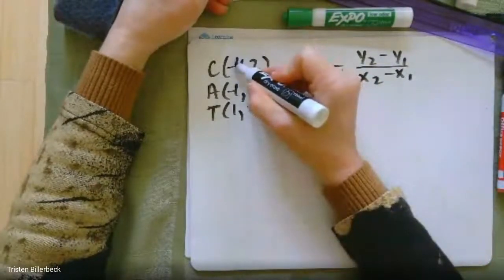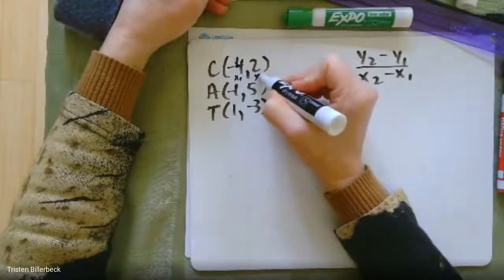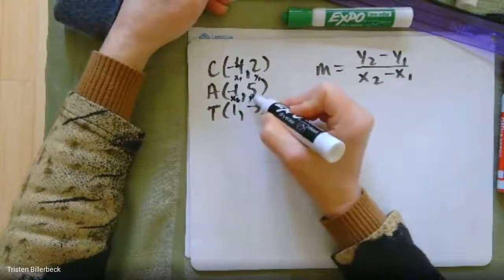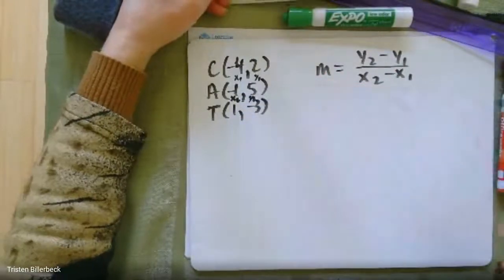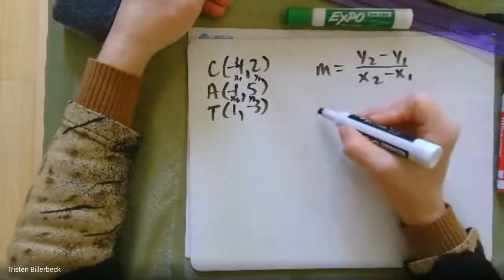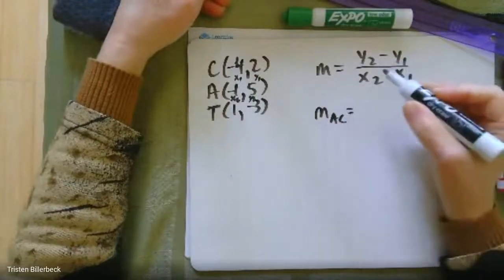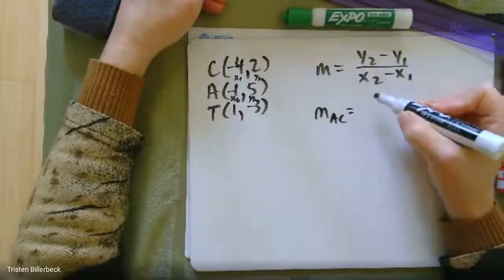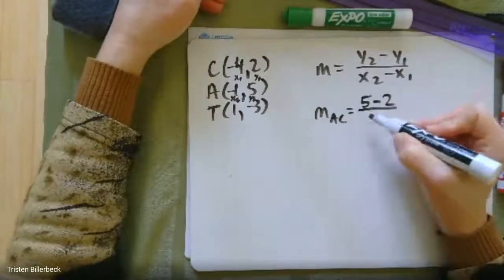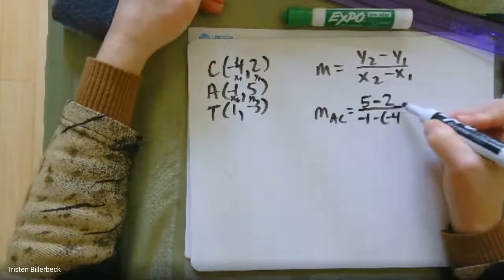If we start with this one and say this one's x1, this one's y1, this is x2, and this one's y2, then what we can do is plug it in. So we have MAC equals, and we're going to put the difference of the y's, 5 minus 2 over -1 minus a -4.